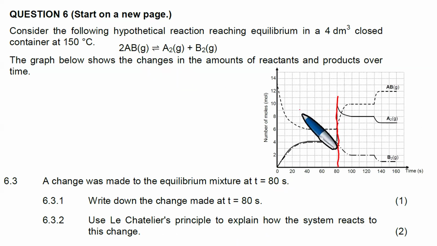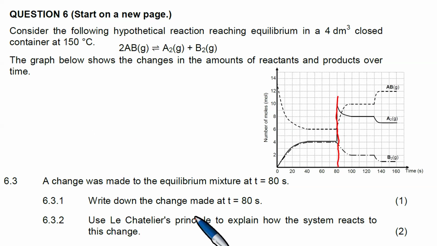At 80 seconds, there's a sudden increase in the number of moles of the AB, but the number of moles of A2 decreases just after 80, and B2 also decreases. So A2 and B2 decrease, the products decrease, when the reactant AB increases. Okay, why?